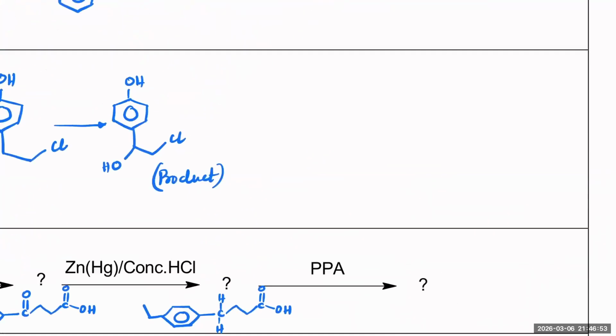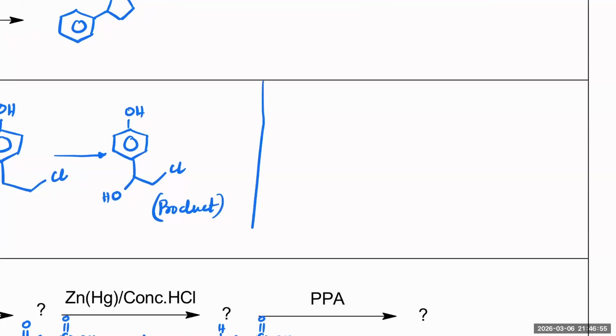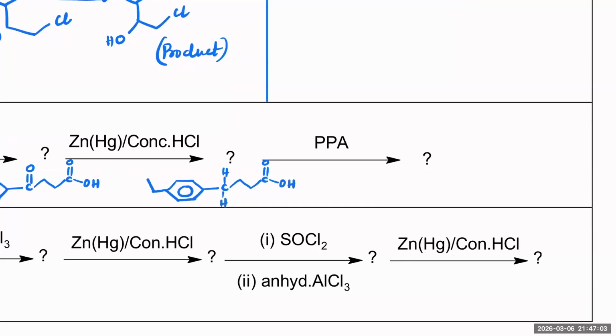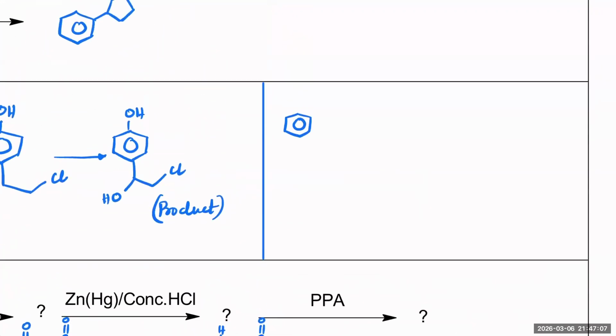Now PPA. Now here is how I'll write that reaction. Everybody notice how the PPA works. Here we have a benzene ring with how many carbons? Notice 1, 2, 3, 4. We have 4 carbons. The fourth carbon is basically an acid like this, OH.